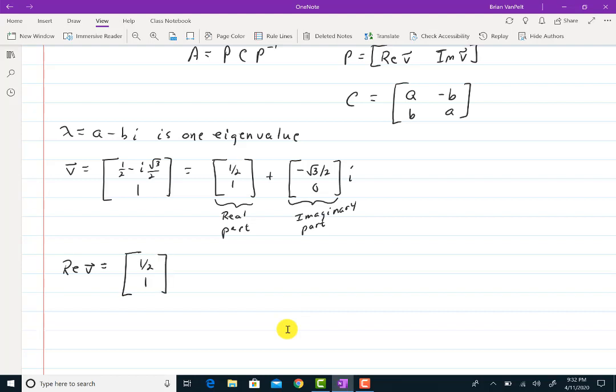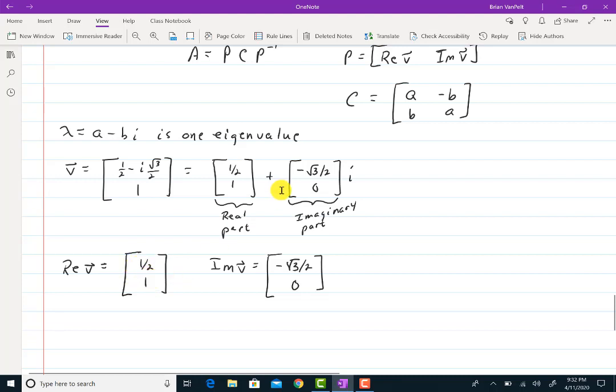And when I'm talking about IMV, I'm talking about the imaginary part. Not the I attached to it. So both of these are real. All these numbers are real. So real part and imaginary part are talking about real numbers. Similarly, I don't need to do it, but the real part of lambda is A, and the imaginary part of lambda is negative B. So we carried over to vectors as well.